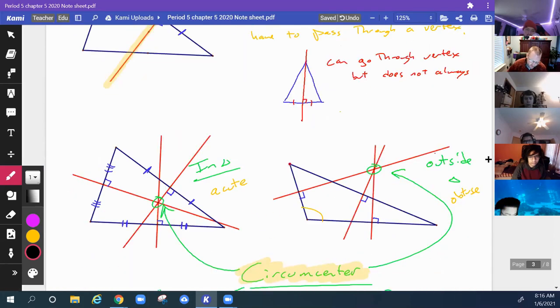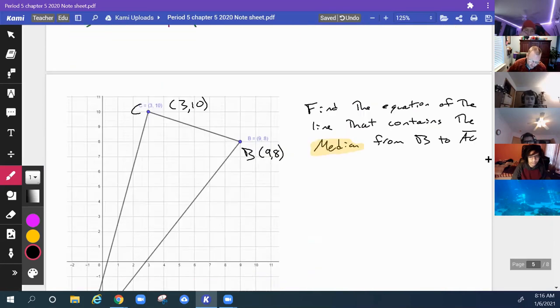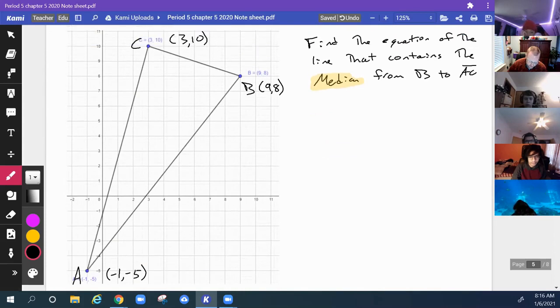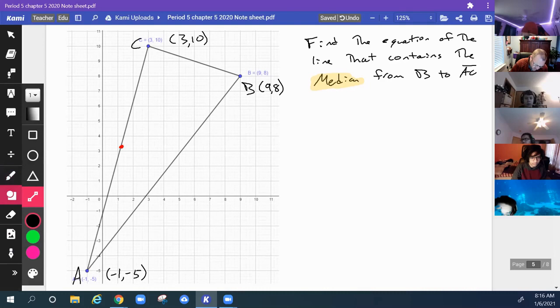If I go back down here, I'm going to draw that in. I want from B to AC, so somewhere in here I'm going to have a midpoint. I'm not sure where; I'm just going to eye it up right now because I didn't calculate it. Then I'm going to go from the vertex to there.